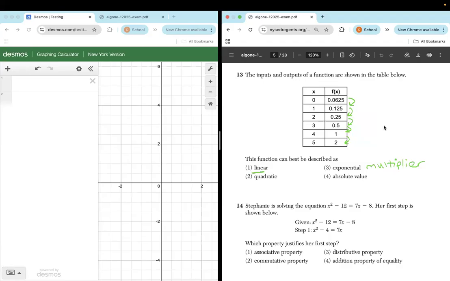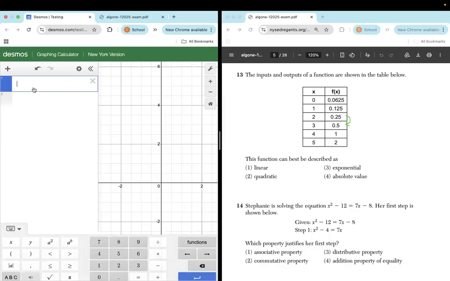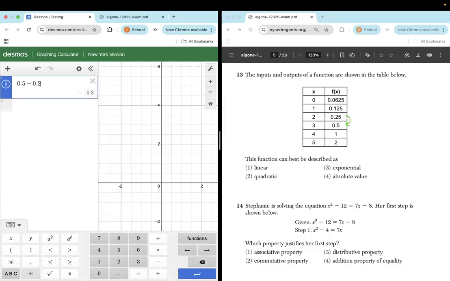Okay, let's check. Am I adding the same thing each time? So 0.25 plus what is 0.5? Let's work backwards. 0.5 plus 0.5 gives me 1, and then 1 plus 1 gives me 2.